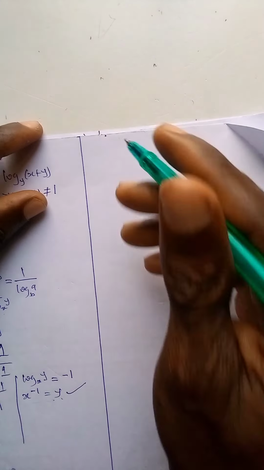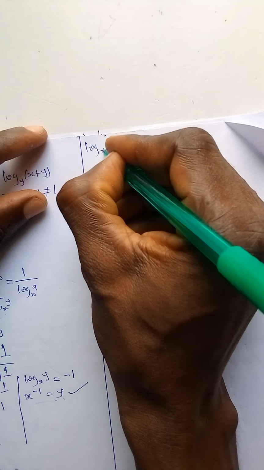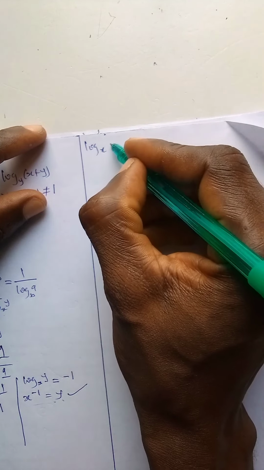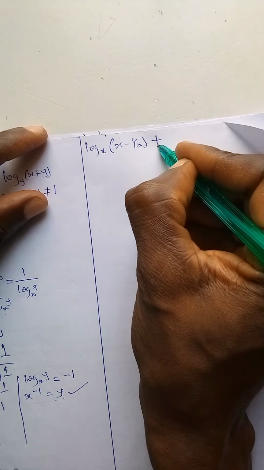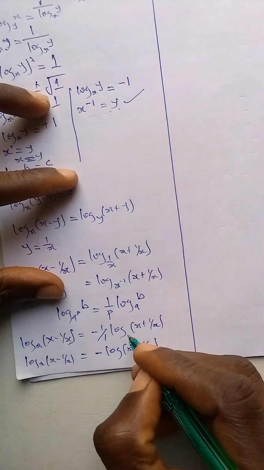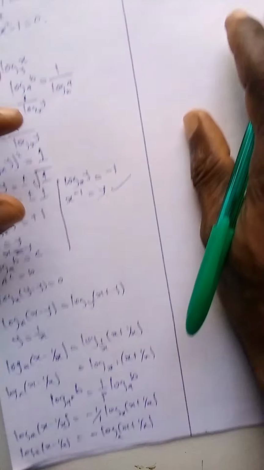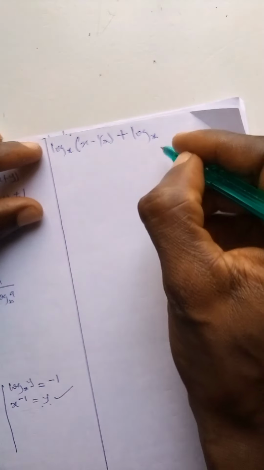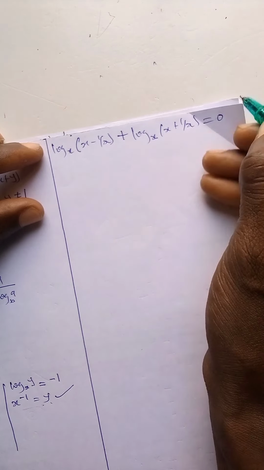So let me go up. It becomes log to base x of x minus 1 over x plus log to base x of x plus 1 over x is equal to 0.